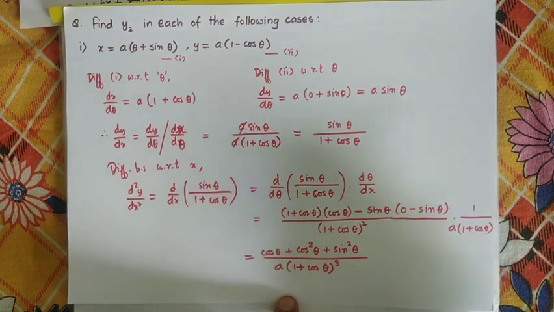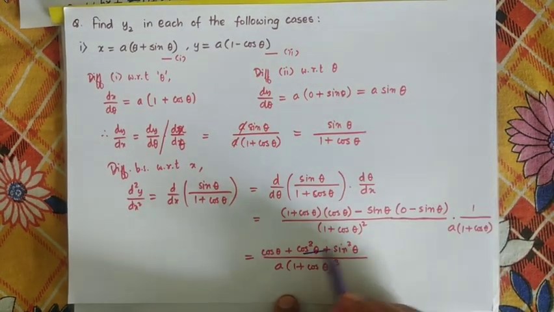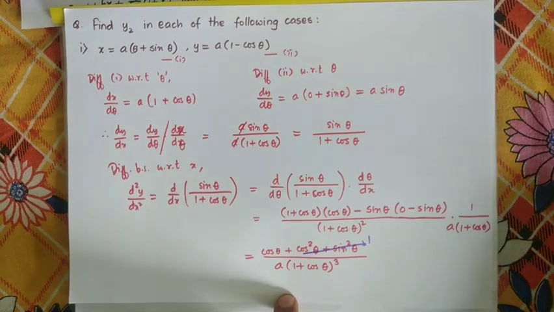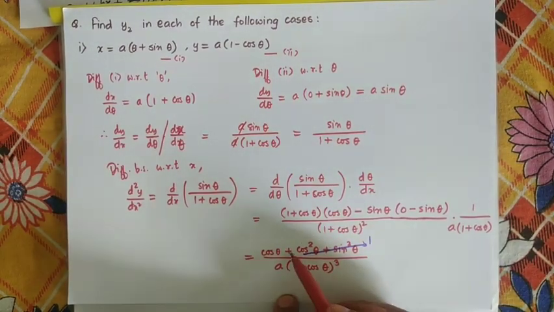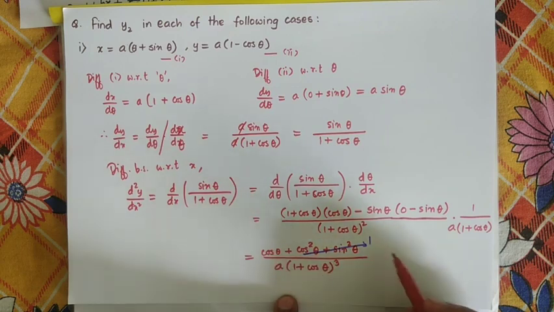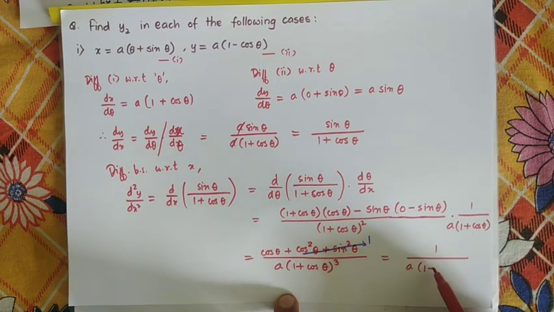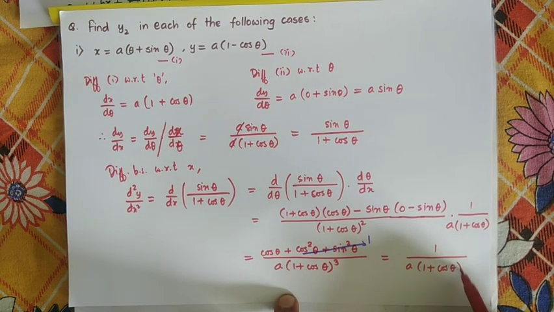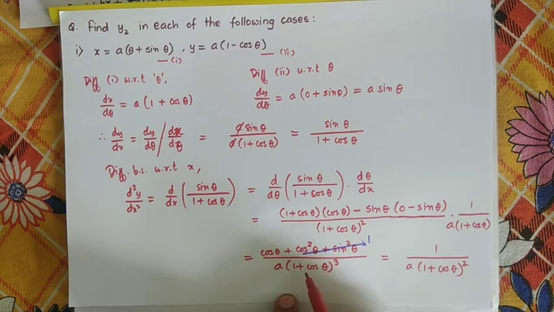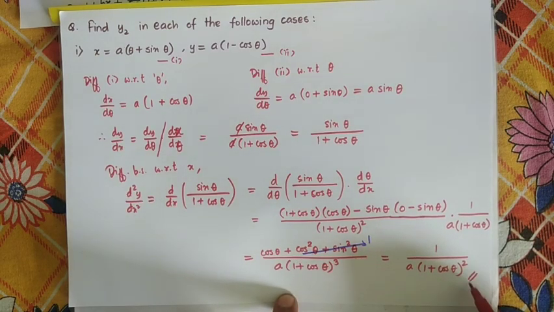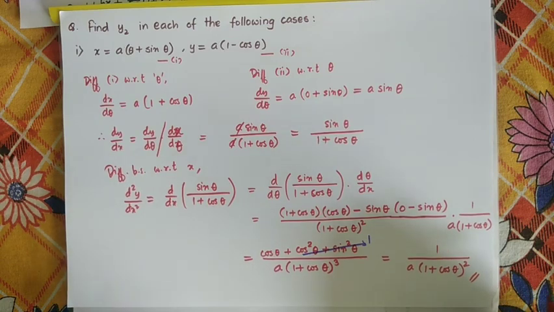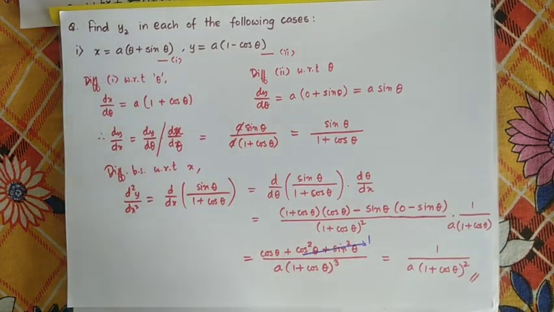This whole thing is equal to 1. So we have got 1 plus cos theta in the numerator, and here also we have got 1 plus cos theta, and that gets cancelled, so I'll have in the numerator only 1 left, and in the denominator we have got 1 plus cos theta whole square. So this will be the second order derivative. So pause the video to note down.